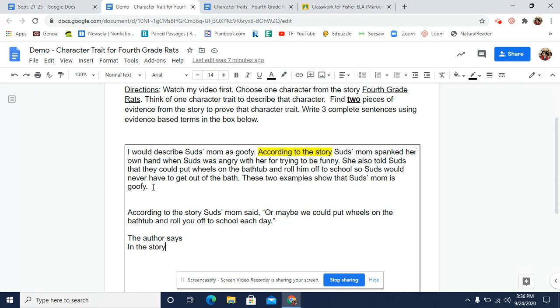Okay. So your first sentence needs to be just telling me who the character is and what the character trait is. I would describe Suds's mom as goofy. Now, obviously, do not use Suds's mom, or if you do not use goofy. And don't use a synonym for goofy. I know some of you are already thinking this.